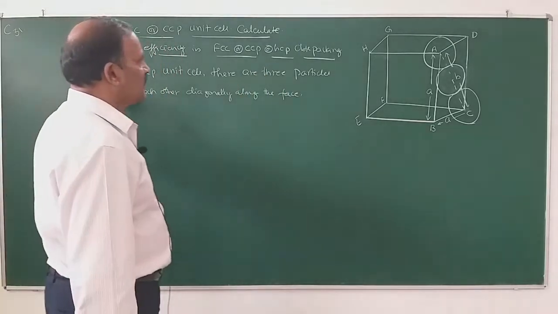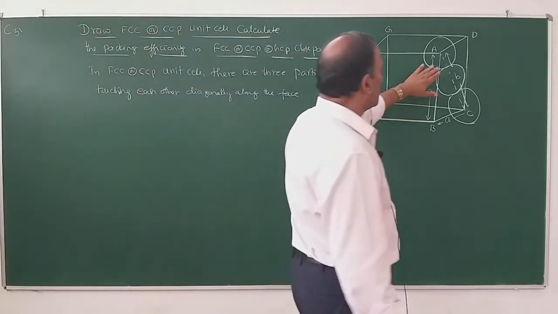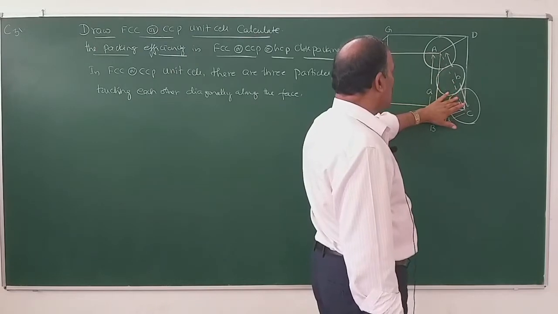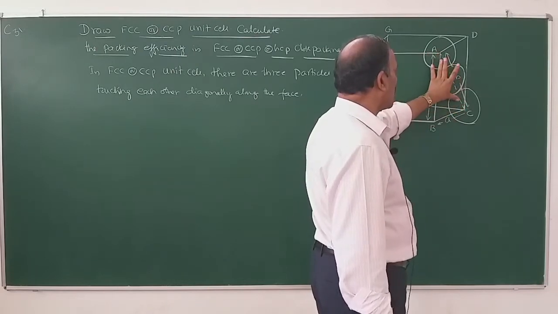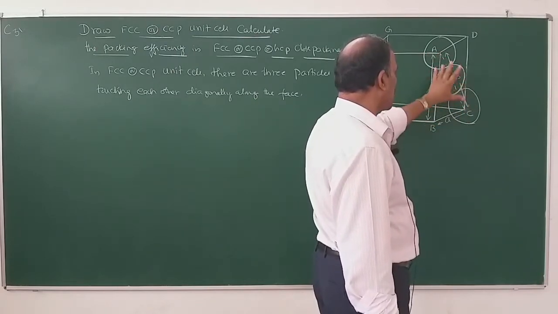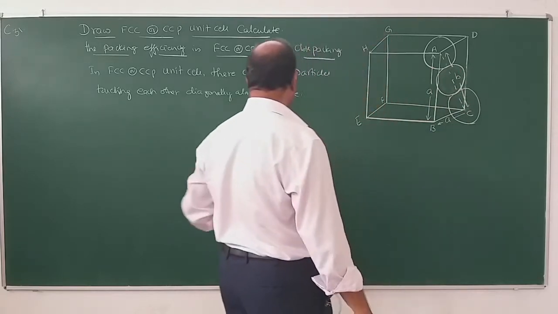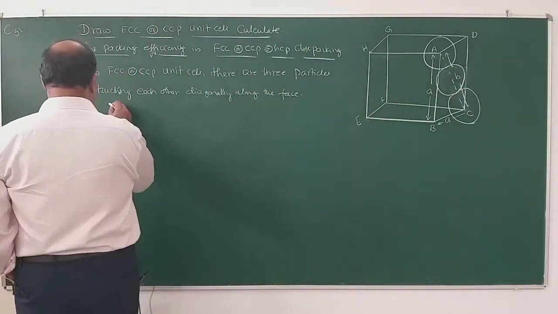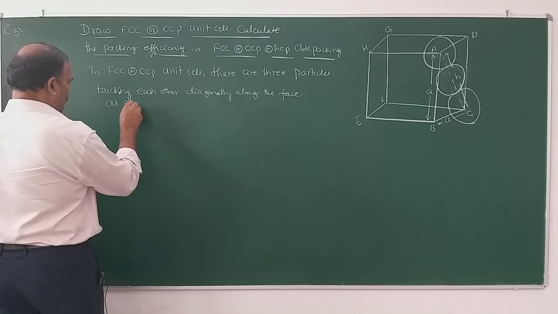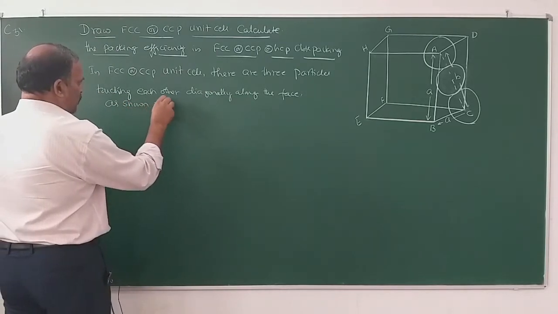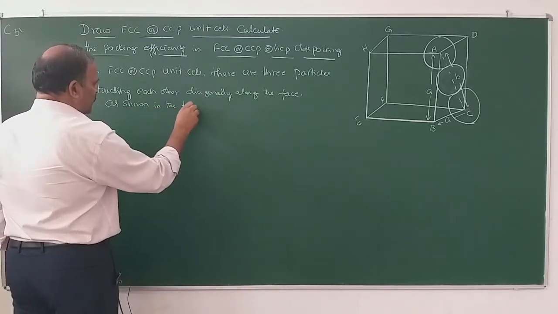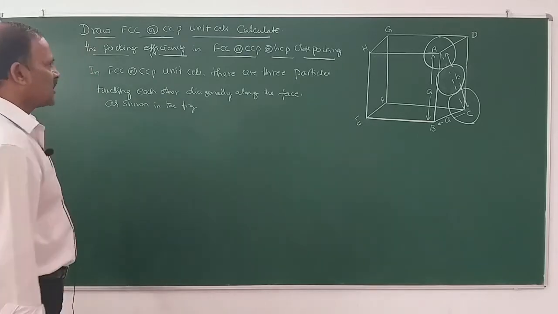So in FCC or CCP, three particles are touching diagonally along the face, as shown in the figure. So this point should be very clearly mentioned.